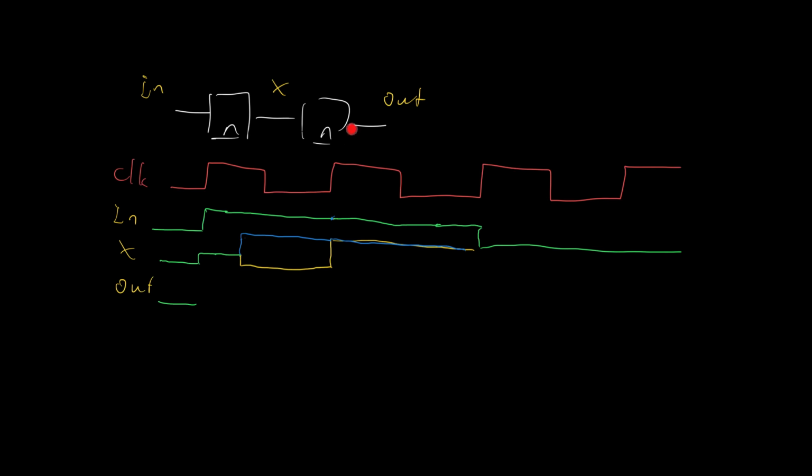But if we now have a look at what this flip-flop is doing, we see that this flip-flop is not going to photograph any of this, because this flip-flop is going to photograph what happens at the rising edge, and going into a metastable state occurs just after the rising edge. Because remember, a flip-flop intentionally has an infinitesimal delay. The output does not change until just after the rising edge of the clock.